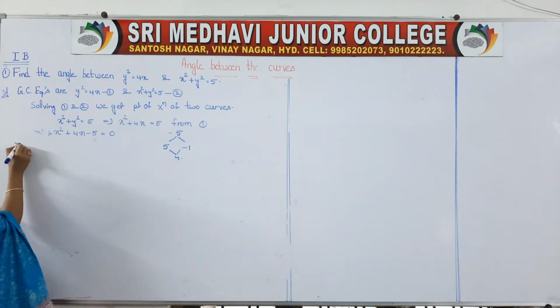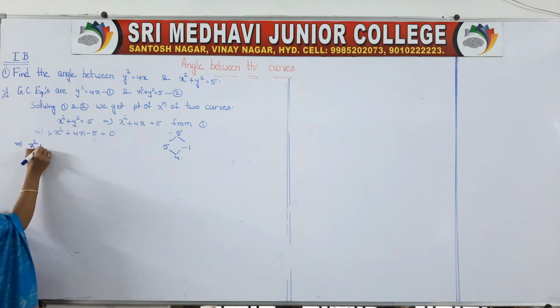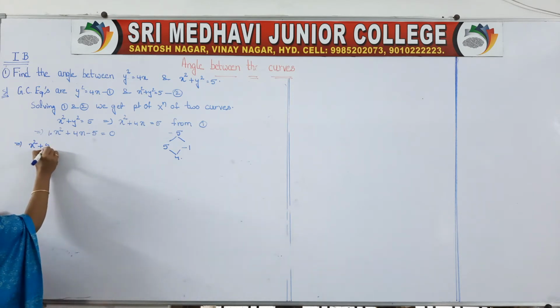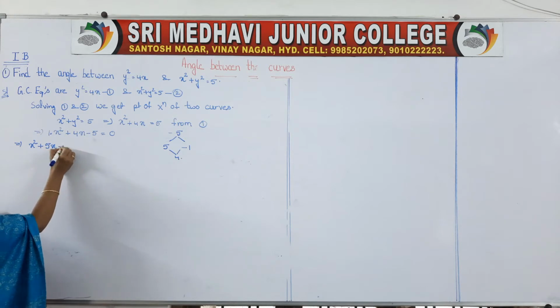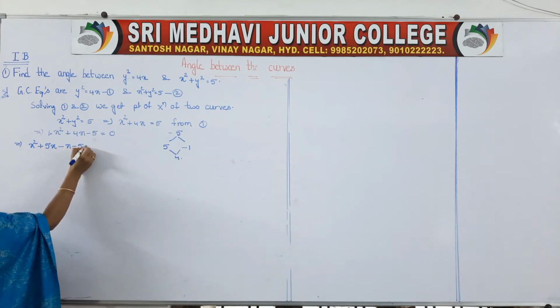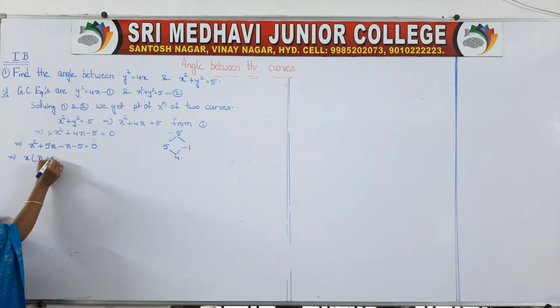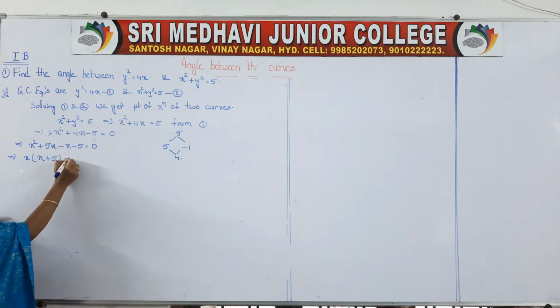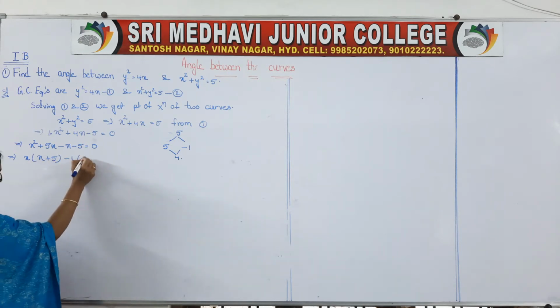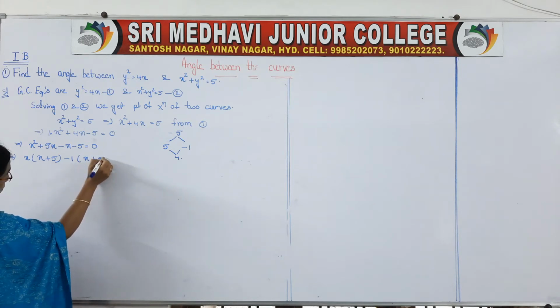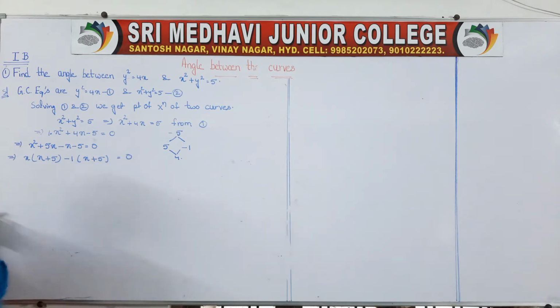So come on, instead of 4x, now we can take this as 5x minus x minus 5 is equal to 0. From the first two terms you take x common, that is x plus 5. From the last two terms you take minus 1 outside, so it is x plus 5 is equal to 0.